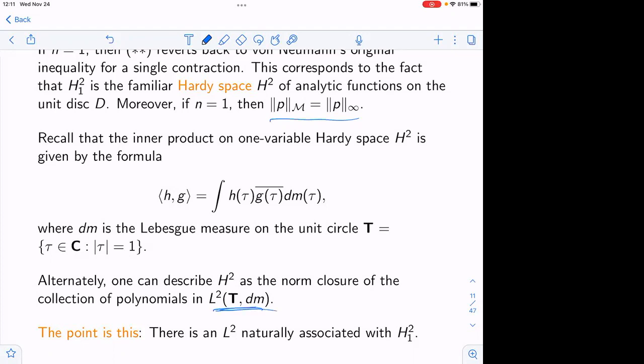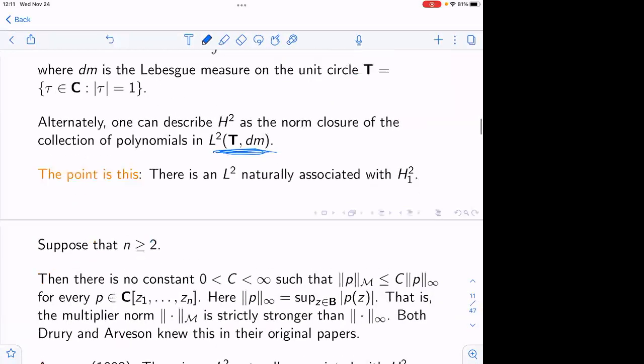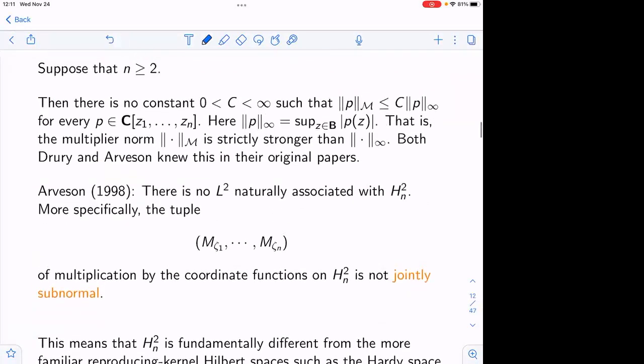This is important because if you want to do analysis, quite often you need to do things like integration and other things. So having an L2 space really makes a lot of things easy. But once you have at least two variables, the story is different.